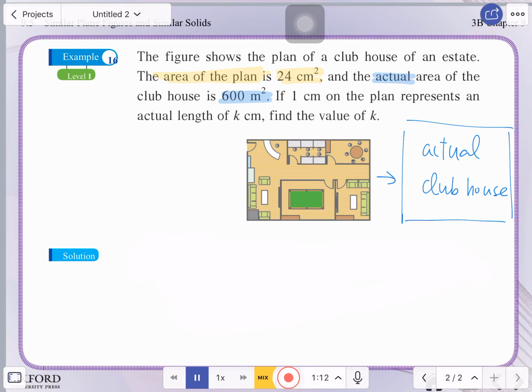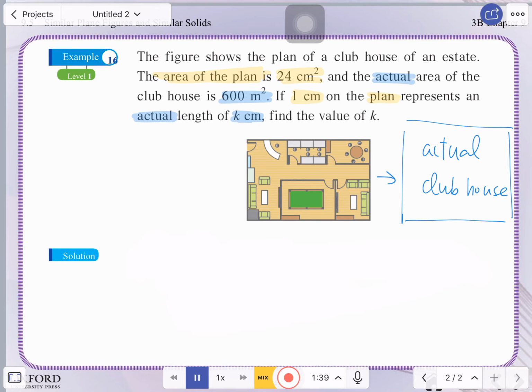And the 1 cm is the length on the plan, and the k cm is the actual. So now you see I marked it with the same color, or if you wish, you can make use of rough work, a sketch.